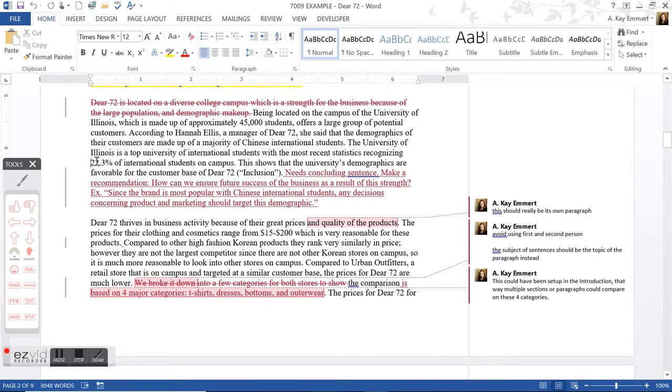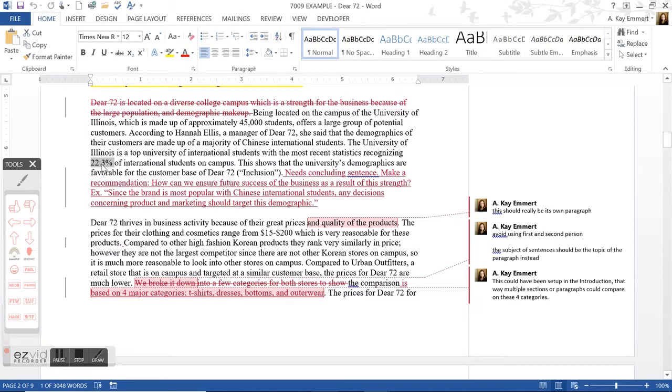However, there's a problem with citation here. There's no citation of where this percentage came from, so make sure you're using a citation method. And I don't care what citation method you use. It could be APA, MLA, or Chicago, as long as you're using it correctly and consistently. Okay.